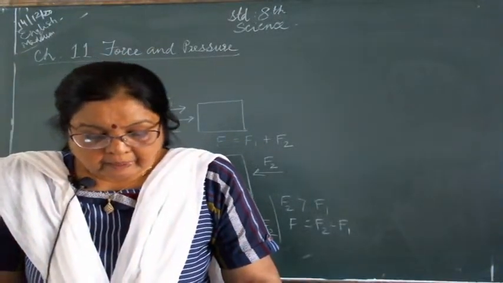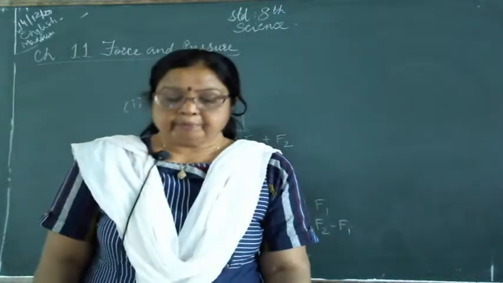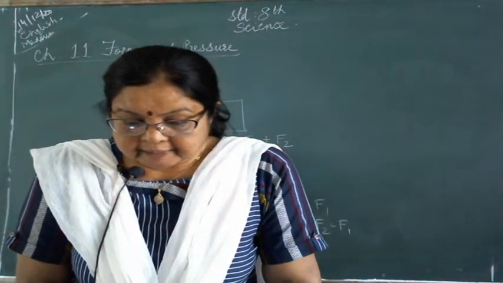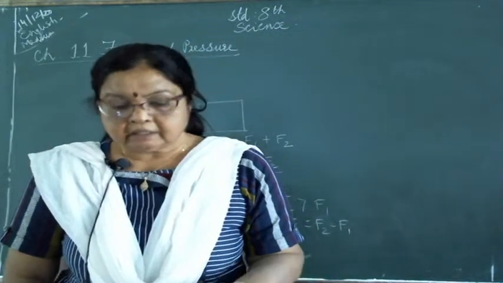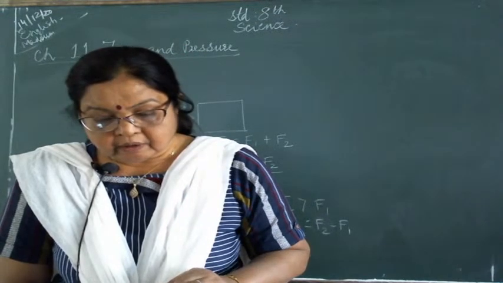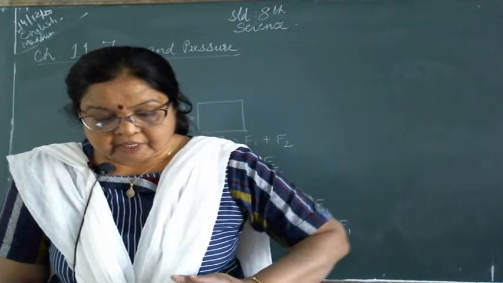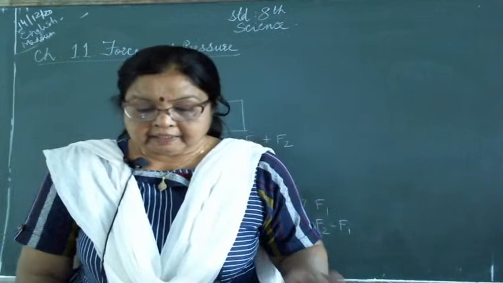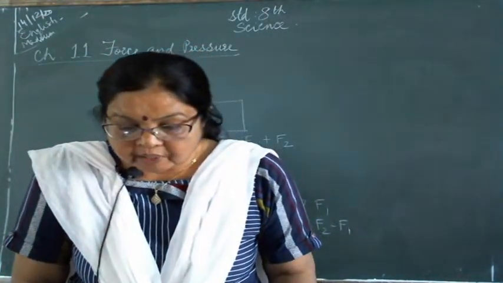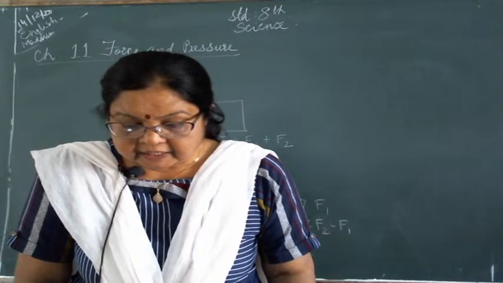Okay. So, activity 11.3 says: take a rubber ball and place it on a level surface, a tabletop or a concrete floor. Now gently push the ball and the ball will begin to move. Push the ball again while it is still moving.